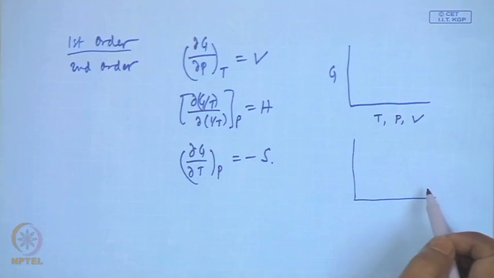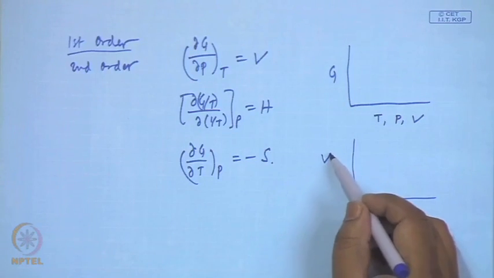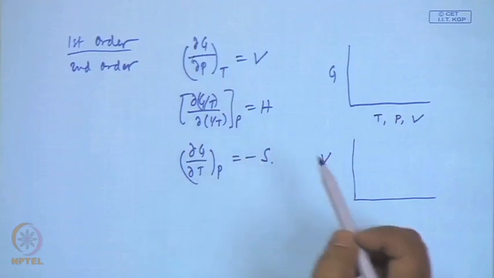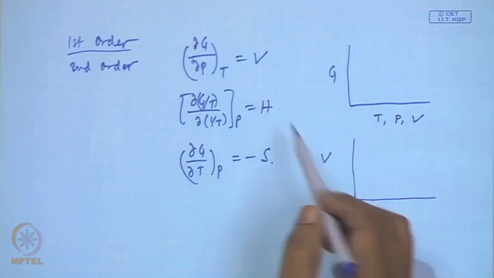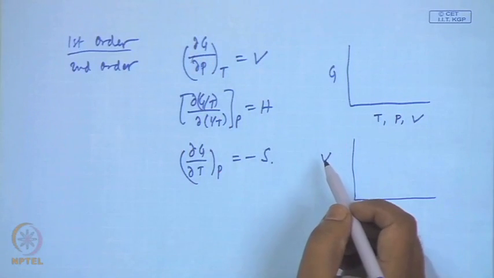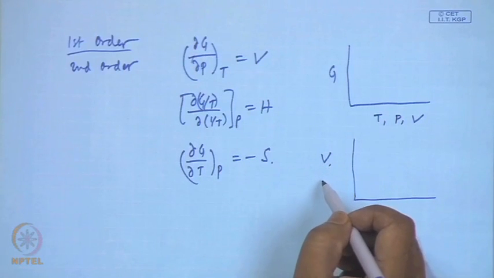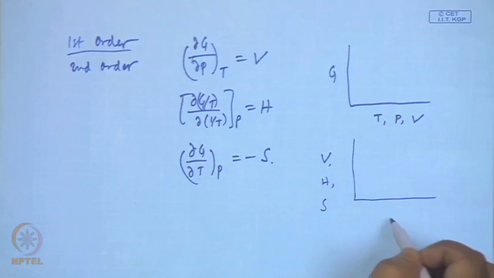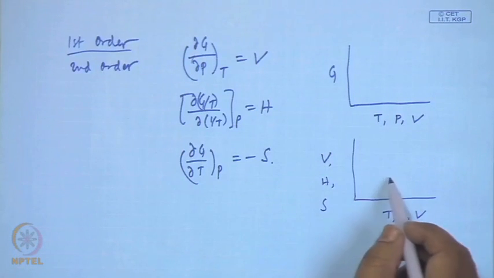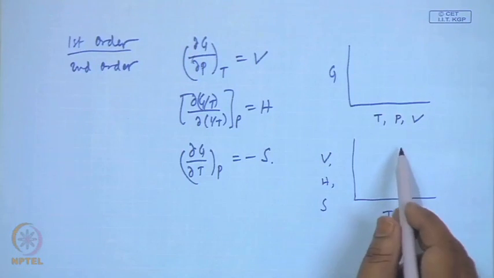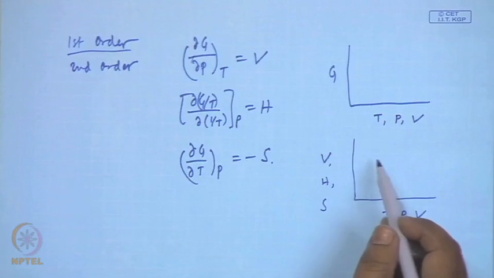Whereas, if we plot any of the first derivatives of the Gibbs free energy function like V or H or S with any of these parameters, then we get a discontinuity in this plot.